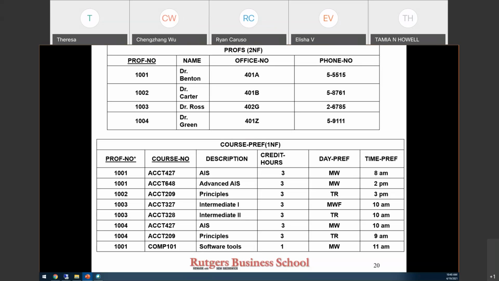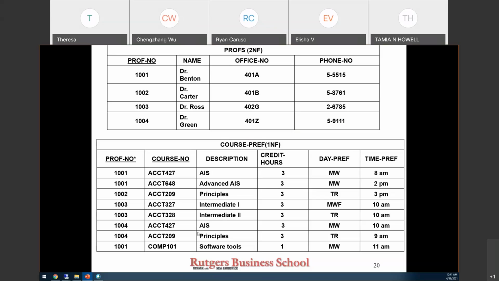For example, AIS class appears twice, here and here. And also principles courses appear 2 times, here and here.